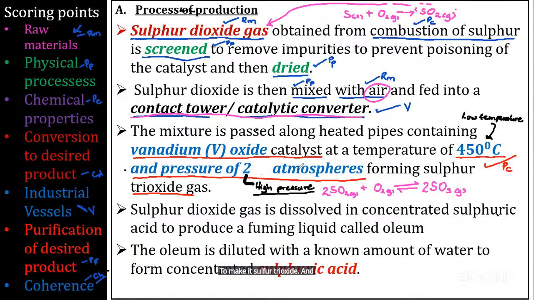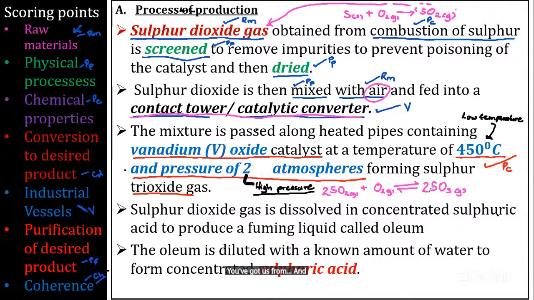And this one is done in presence of at least 3 conditions. One is a catalyst known as vanadium 5 oxide. Another is low temperature of at least 450 degrees Celsius. And lastly is high pressure of about 2 atmospheres, forming sulfur trioxide gas. So that's where you've got us from.